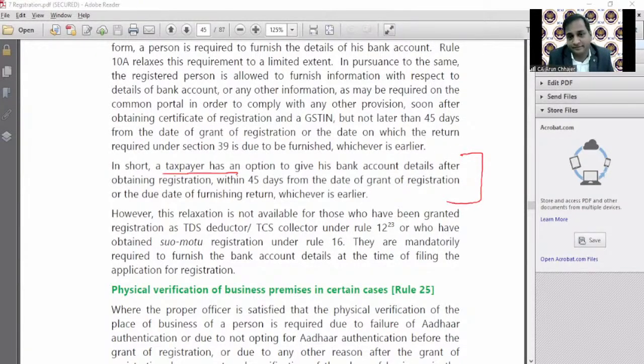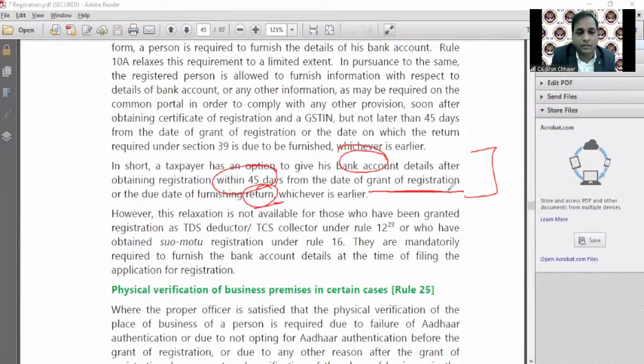A taxpayer can give the bank account details after obtaining the registration, within 45 days from the date of the grant of registration or the due date of furnishing the return, whichever is earlier.